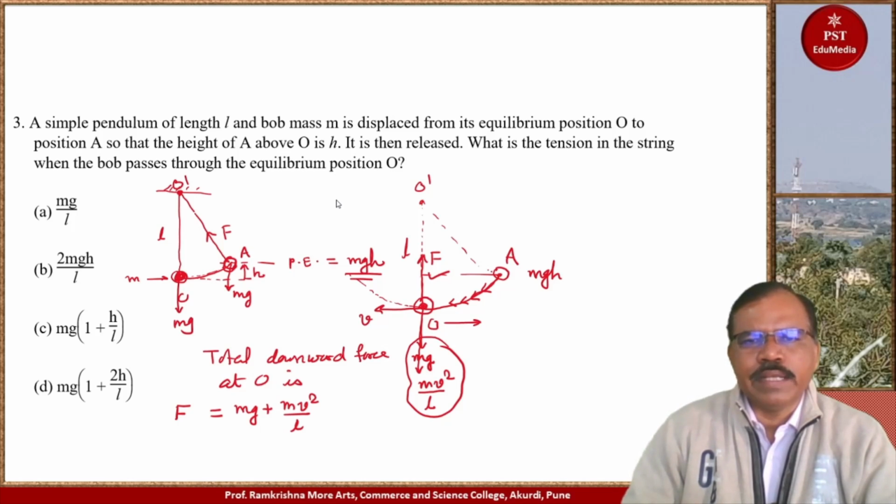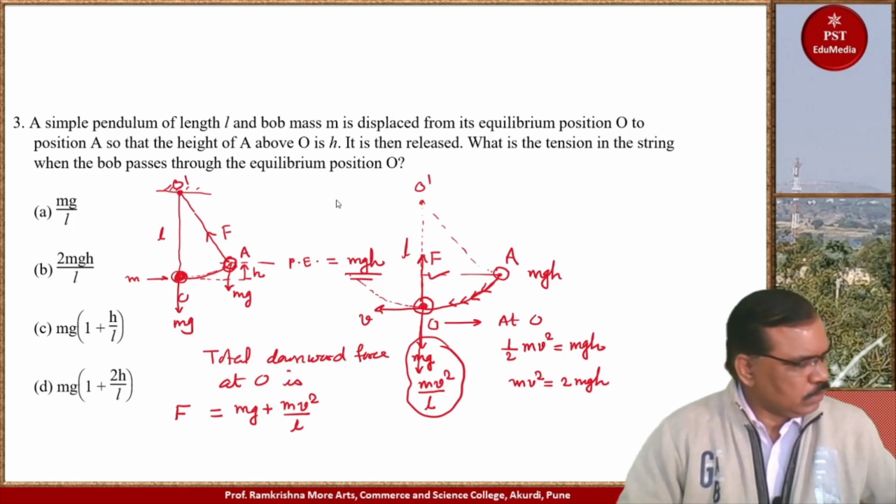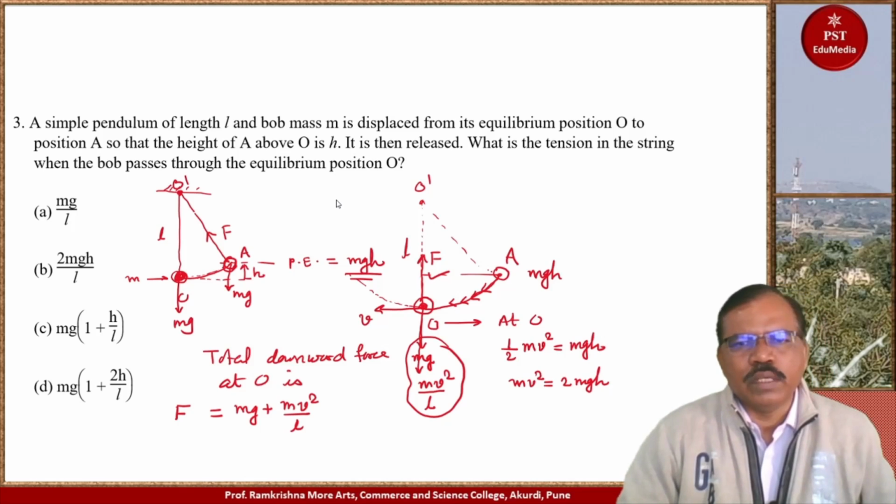So at point O, kinetic energy is equal to mgh. So we get mv square equal to 2 mgh.